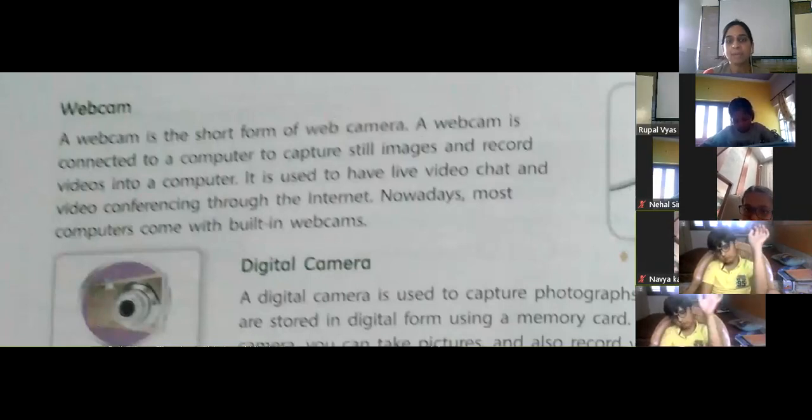Okay, web camera, the camera which I am using right now to communicate with you people, that is the webcam.